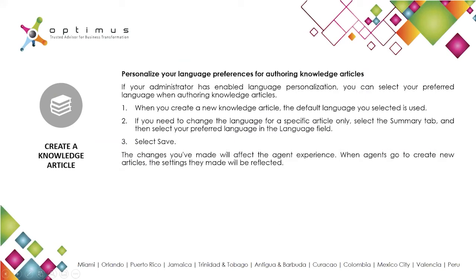And as I mentioned at the beginning, you're going to be able to define the language of the article. Of course, you could create an article and after that define some translations if you want to have that article in different languages. That would be a good idea if you are a multi-language company.